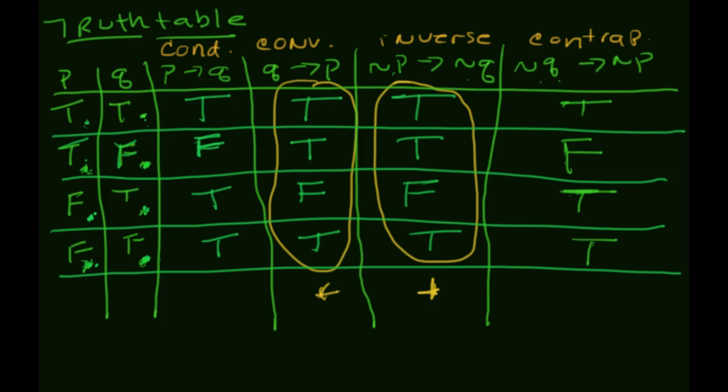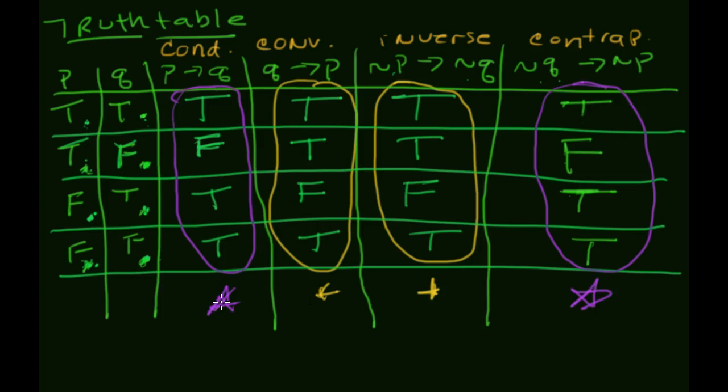Okay, so now let's look at this. The conditional here: true, false, true, true. The contrapositive here: true, false, true, true. These are identical. So when the conditional and the contrapositive say the same thing, this means they have to have the same truth value. When the conditional is true, the contrapositive is true.